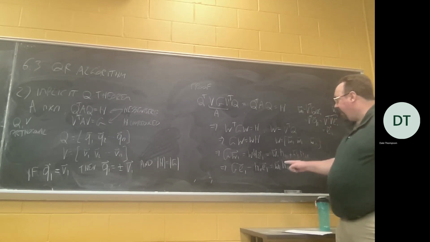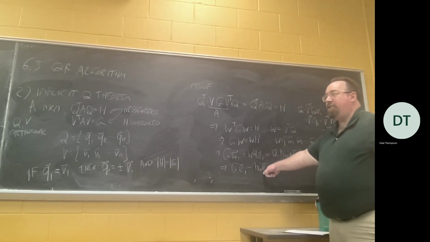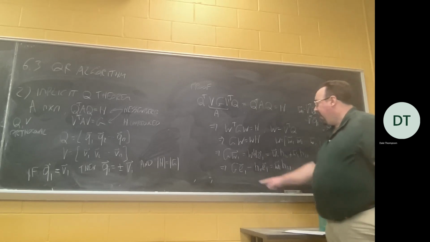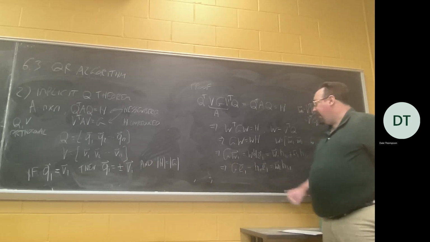So let's take a look at what's happening on the left side here. This is a multiple of E1. There's only one non-zero entry here. G is Hessenberg. First column has only two non-zero entries.